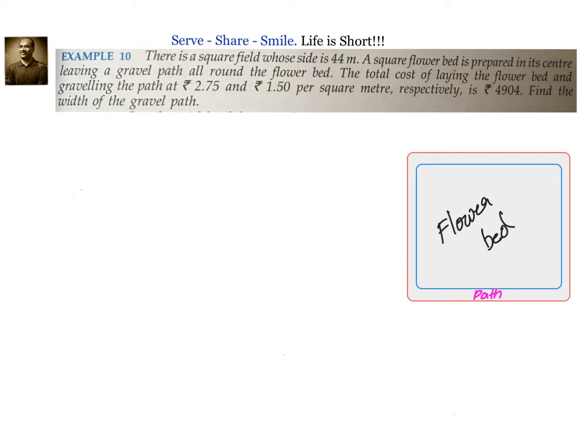So we have to find out what is the width of the gravel path. First we'll try to understand that the total cost of laying the flower bed and graveling the path is given by the rate into area respectively for the flower bed and the gravel path. That means we have to find out the area of the flower bed and the area of the gravel path.